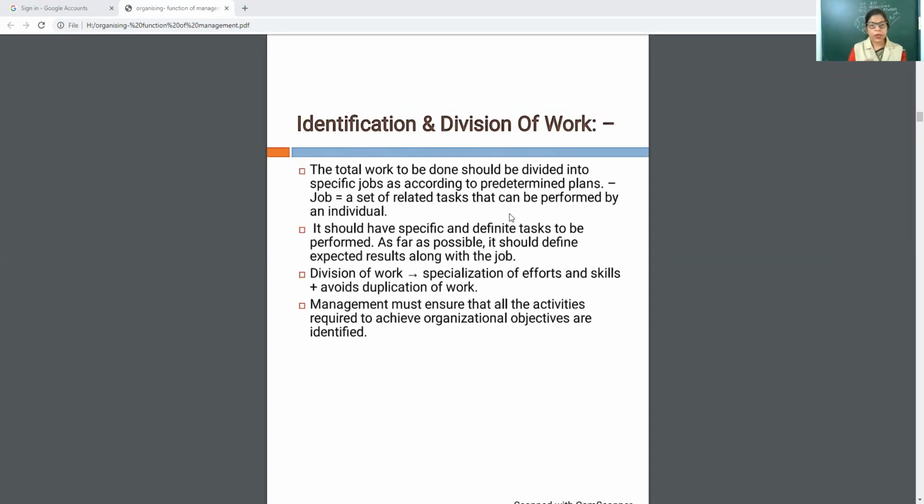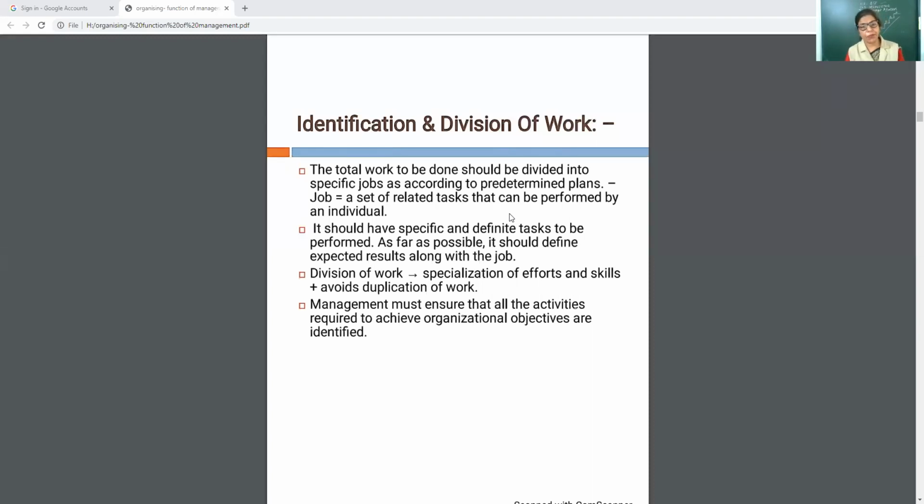Same here in organization, the first step in the organizing process is identification and division of work. Means first identify what work has to be performed, what is the specific, clear and definite job or task to be performed. Now, division of work means the work should be divided according to knowledge, skill, capability, experience. Now, what will be the benefit of division of work? That will lead to specialization.